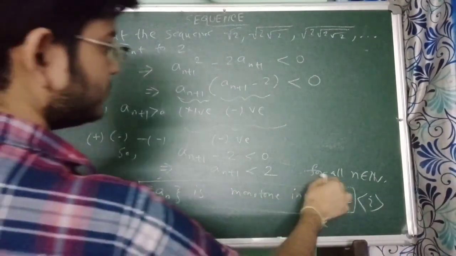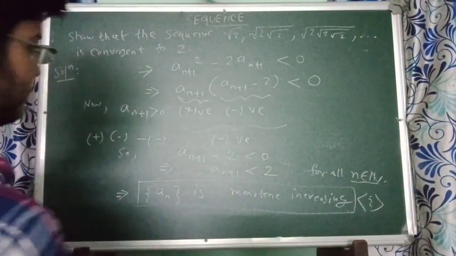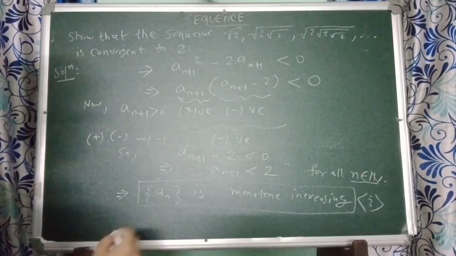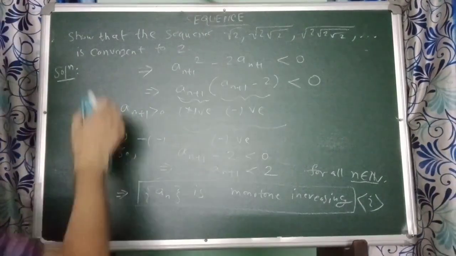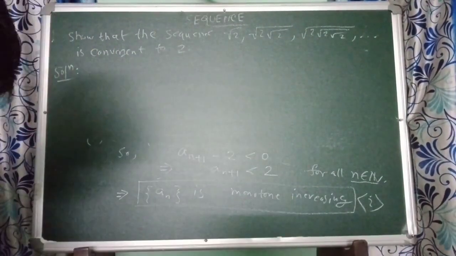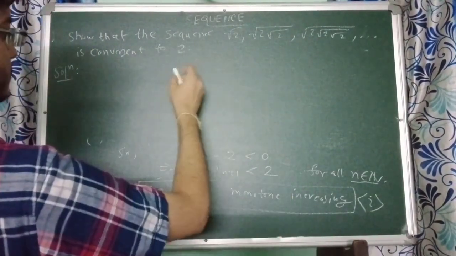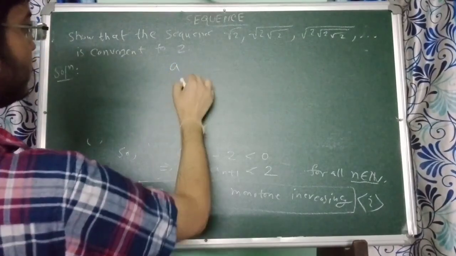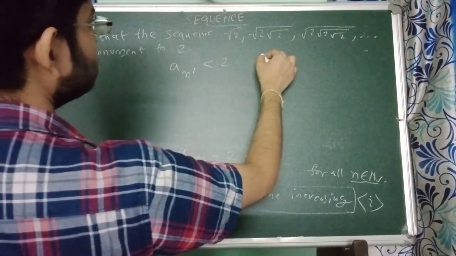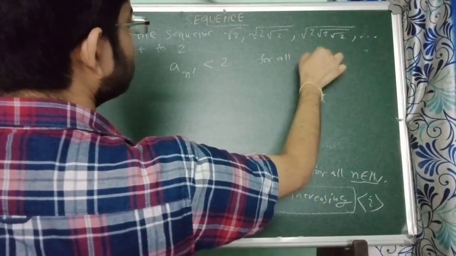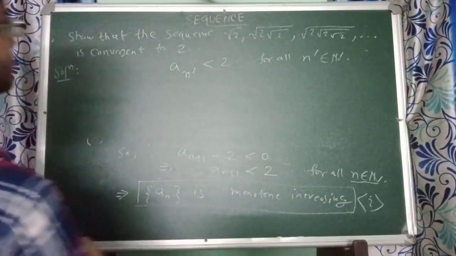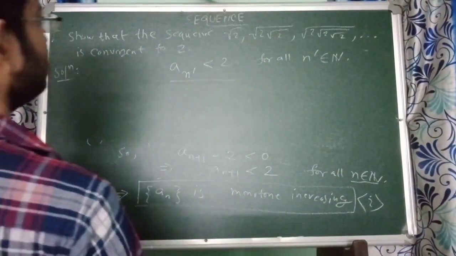Now this holds for all n belongs to natural number. So if we replace n plus 1 by an arbitrary natural number n dash, we say that a_{n'} is less than 2 for all n', which is also a natural number. So you get this kind of expression.